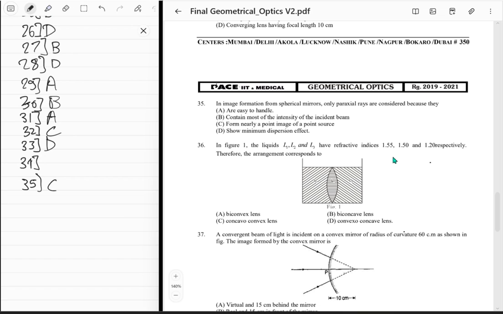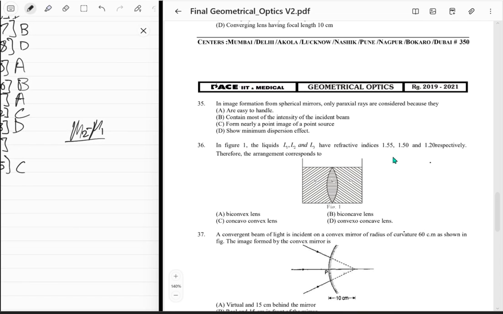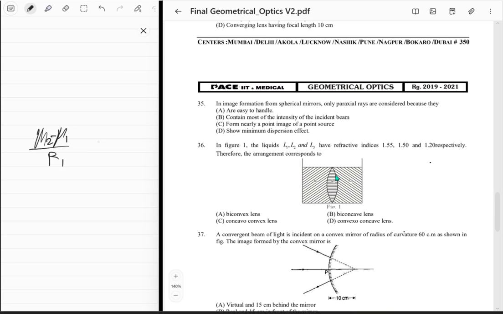So this is mu2 minus mu1 upon this surface's radius. And what are the radii of curvature? Because without those, we don't know what to do, right? R1 is positive, and then negative 1 upon R2. I know that.